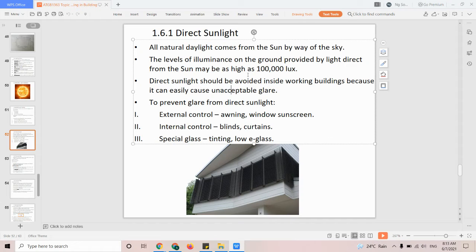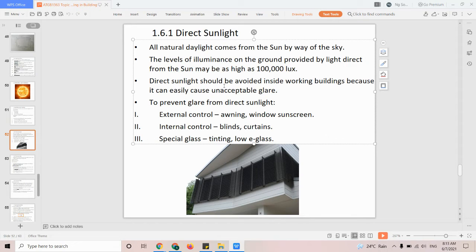If you were to measure how bright the sun is, we can get up to 100,000 lux. We do not want direct sunlight because it is too bright. We call this light glare because it is so bright. When we look at it directly, it's a very blinding light.